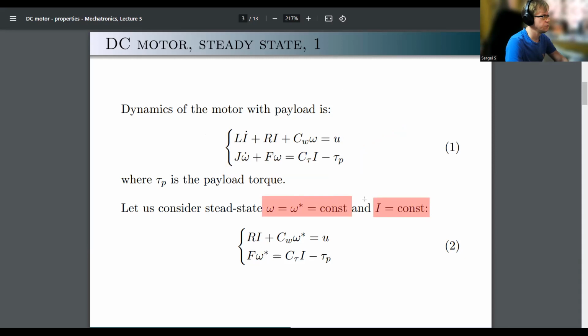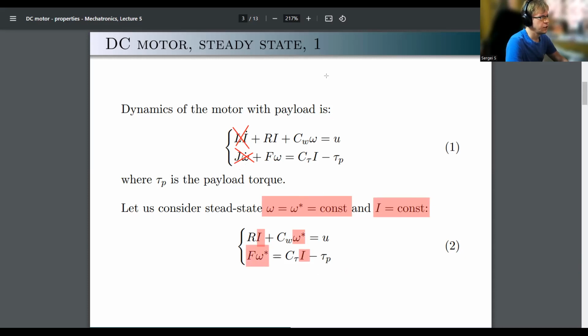So those two are constants. That means that this component goes away, and this component goes away from our equation. Otherwise, they remain the same.